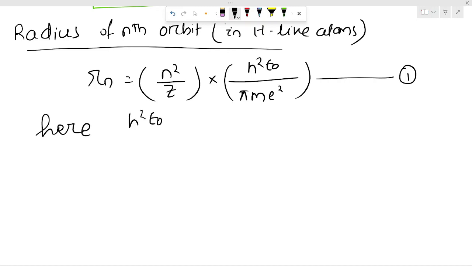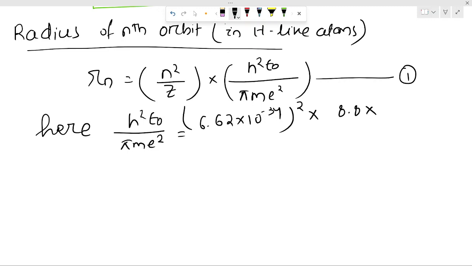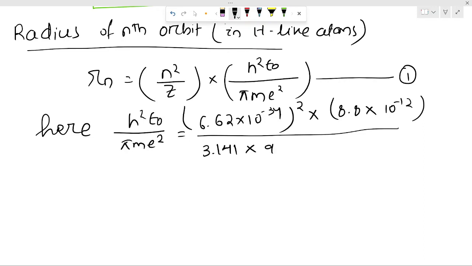Here h square epsilon naught upon pi m e square is a constant quantity, so let's put its value: Planck's constant 6.62 into 10 to the power minus 34 square, into epsilon naught having value 8.8 into 10 to the power minus 12, divided by pi 3.141 into mass of electron 9.1 into 10 to the power minus 31, into electron charge 1.6 into 10 to the power minus 19 square.